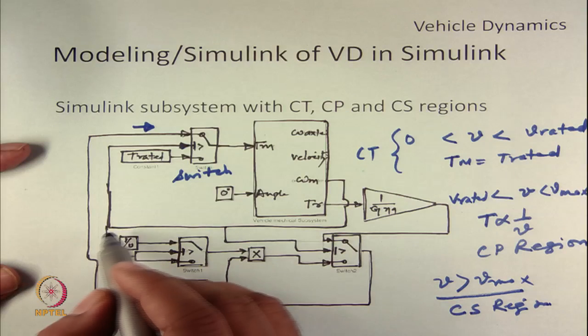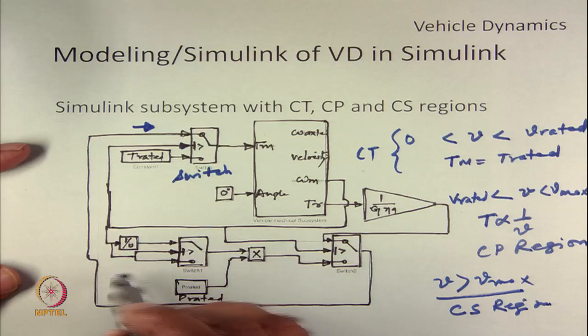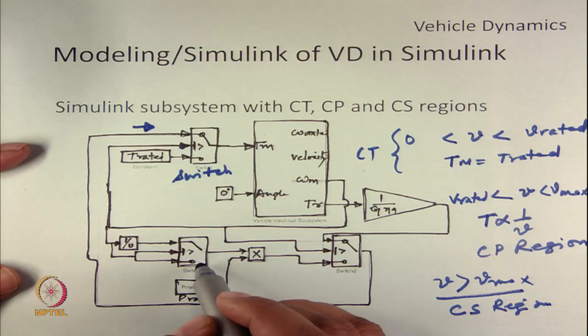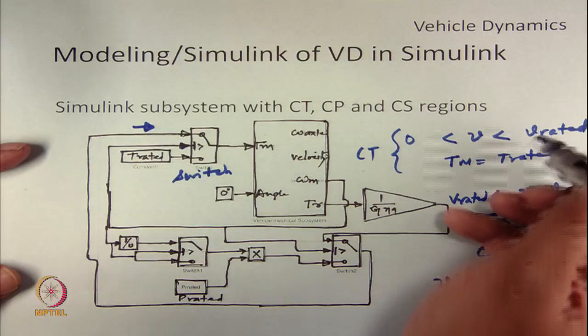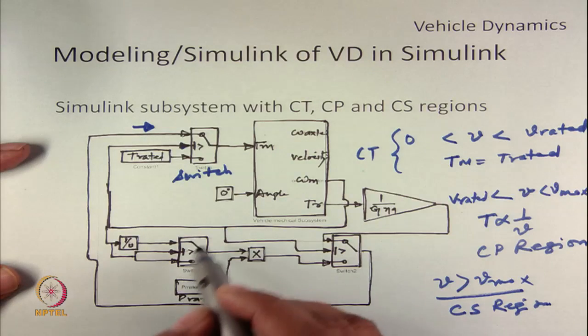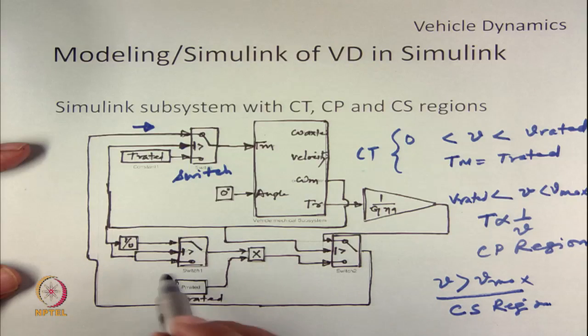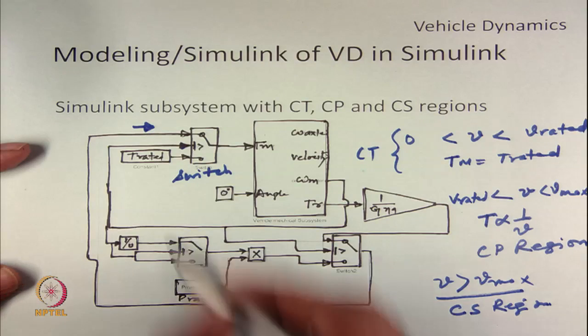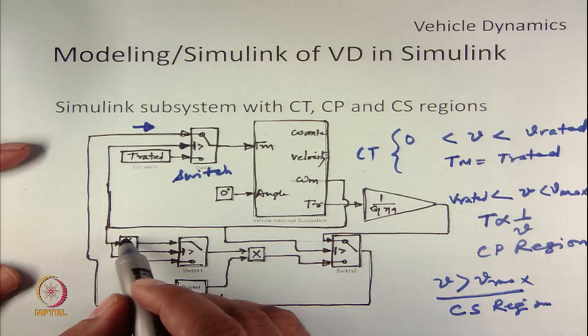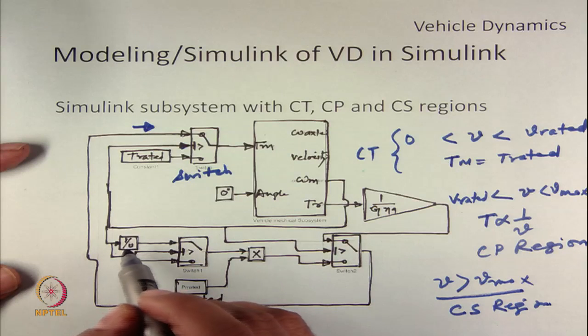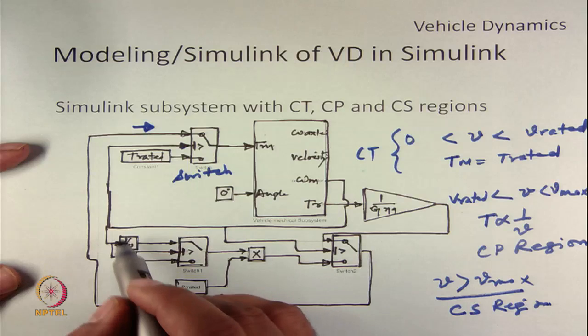So, again this omega input is coming to this block also. So, when omega m is greater than omega m rated, this other switch block becomes active, and it will tell that the torque input to the system will be P rated into 1 by omega. So, this is a reciprocal function 1 by u.